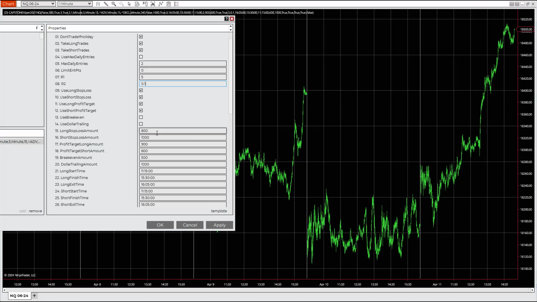And the latest inputs are a $600 long stop loss and a short stop loss of $1,000, and then the profit target on the long side is $900, while the profit target on the short side is $600. This makes sense because the trend has been higher, so we can have a tighter stop loss on the long side and a bigger profit target.